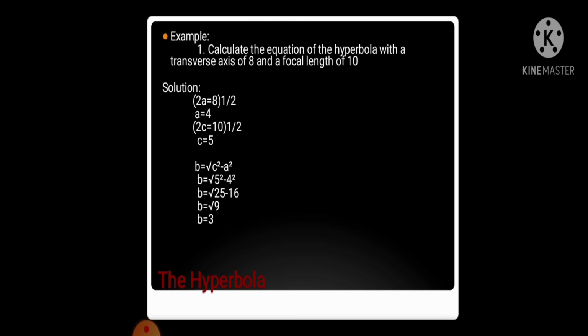So, b equals the square root of 25 minus 16, wherein 5 squared, 5 times 5 equals 25, and 4 squared, 4 times 4 equals 16. So, 25 minus 16, b equals the square root of 9. So, b equals 3. So, the value of b is equal to 3.